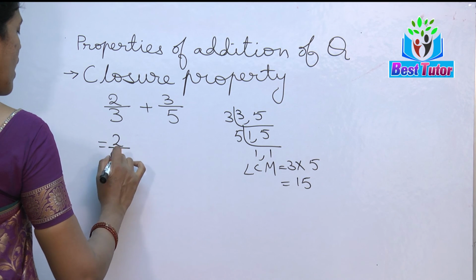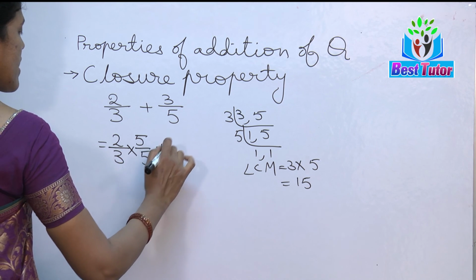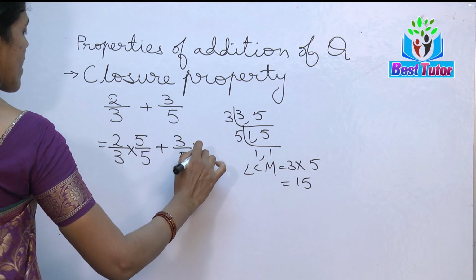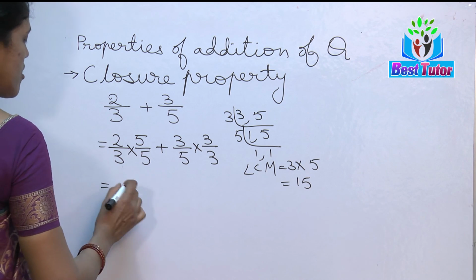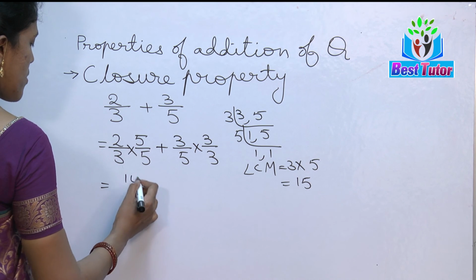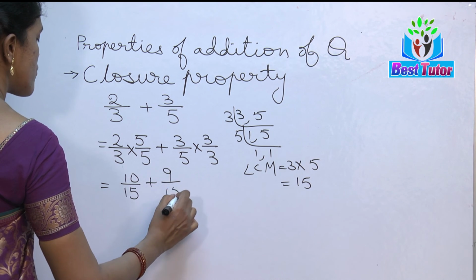So, I would like to convert these two rational numbers into equivalent like fractions. To do so, we have to multiply with the proper factor. So, we get 10 by 15 plus 9 by 15.